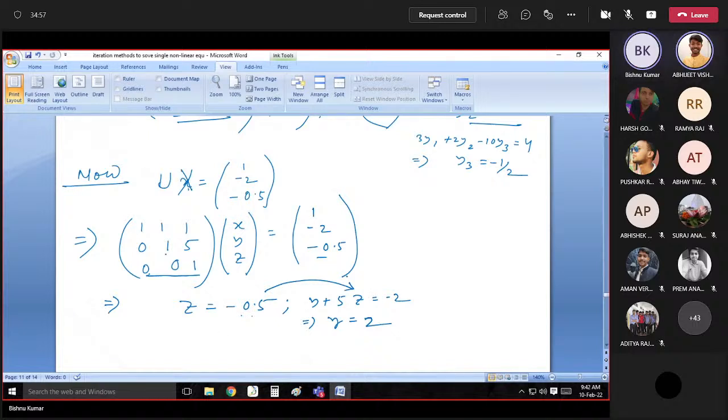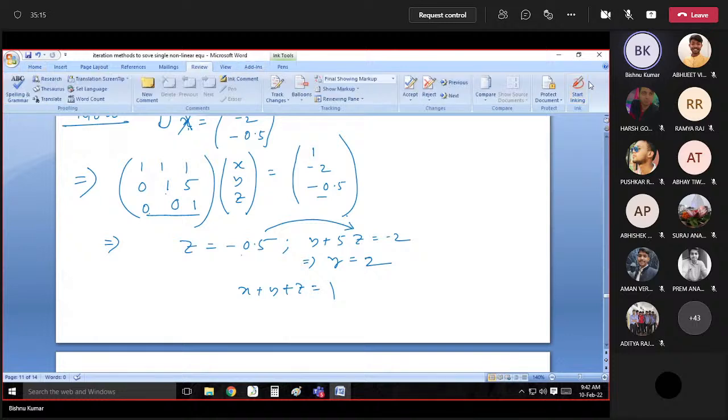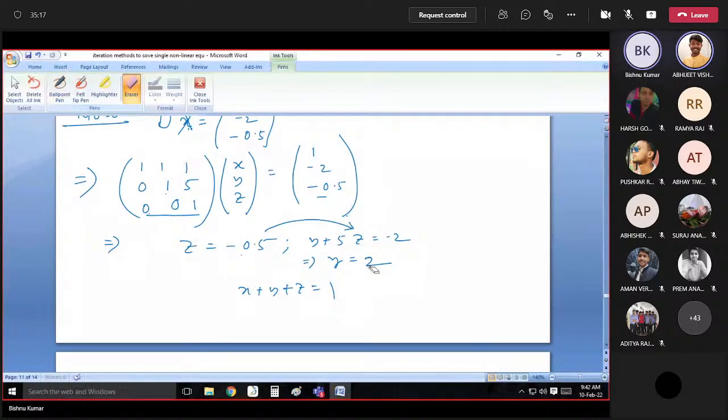After getting these two values, from the first equation, x plus y plus z equals 1. Actually, if you use this value, this minus 5 by 2 will be on the right hand side, plus 5 by 2, means simply plus half.